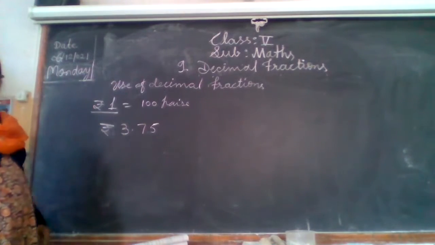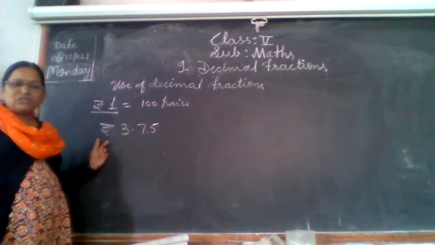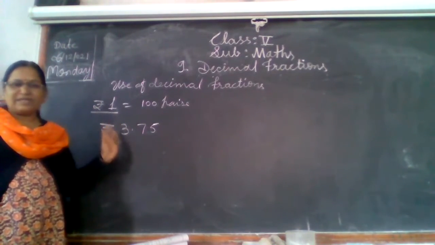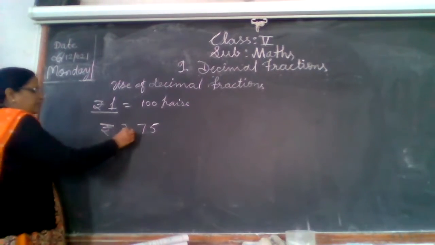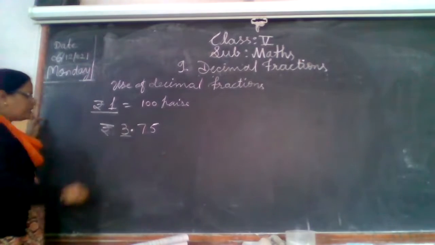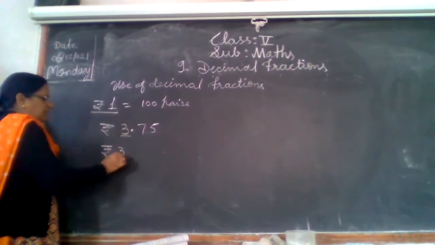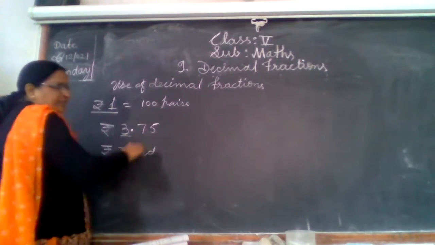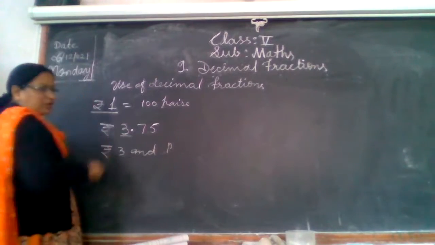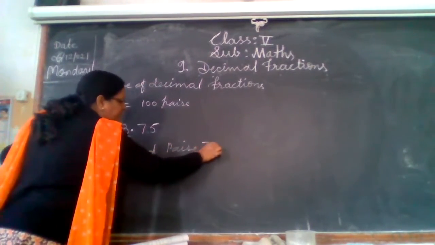You always remember this thing, because whenever you write the number in the fraction, always you have to write the greater unit. And don't write 3.75 paise. Here, before the decimal, the number is the whole number, which means the greater unit, rupees 3. And after the decimal point, they are the fraction, and the smaller unit of rupees is paise, paise 75.